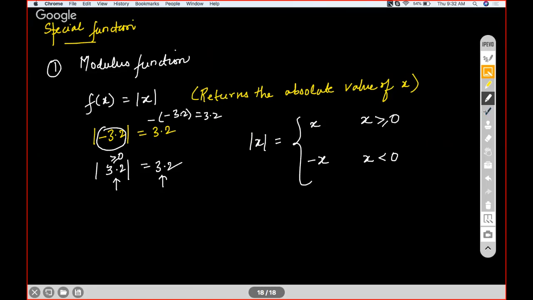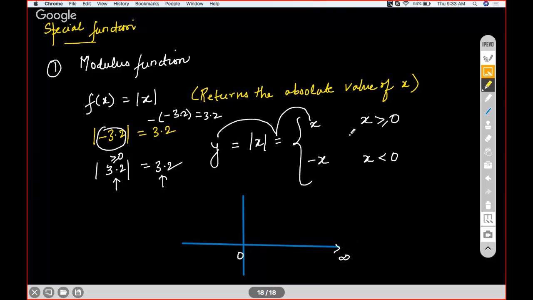Okay. So if I have to plot such a function on the graph, I will plot it like this. In the interval 0 to infinity, it will follow the line y equal to x. Which is going to be a line like this. But I cannot go down because it is only valid for x greater than or equal to 0.